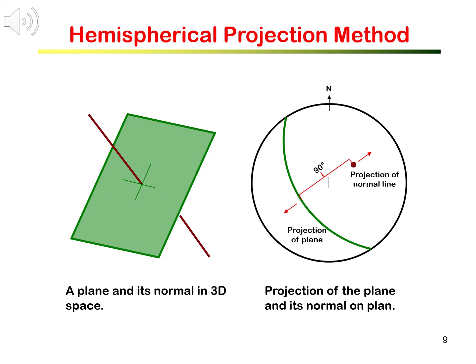Since the pole's trend is opposite to the plane's direction, the point representing the pole is on the other side of the plane to the arc representing the plane. As shown in the diagrams on the right, the plane is dipping towards southwest, so the pole must plunge towards northeast.